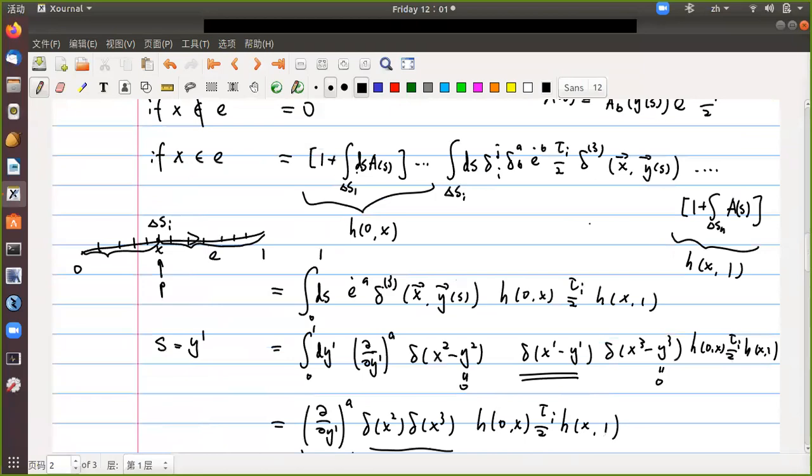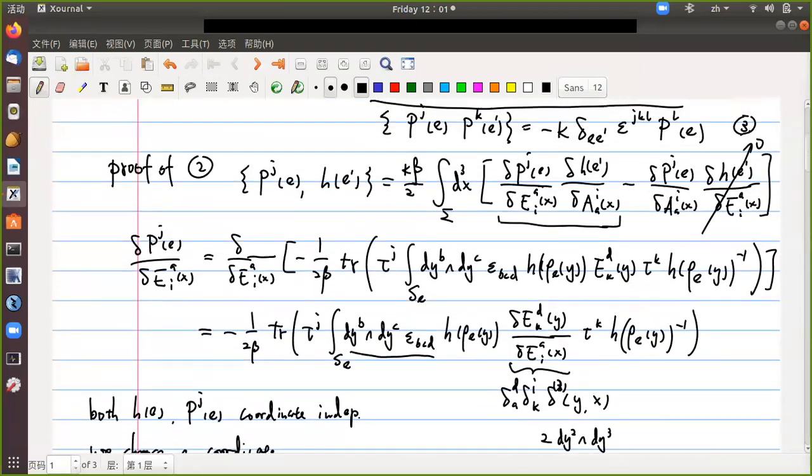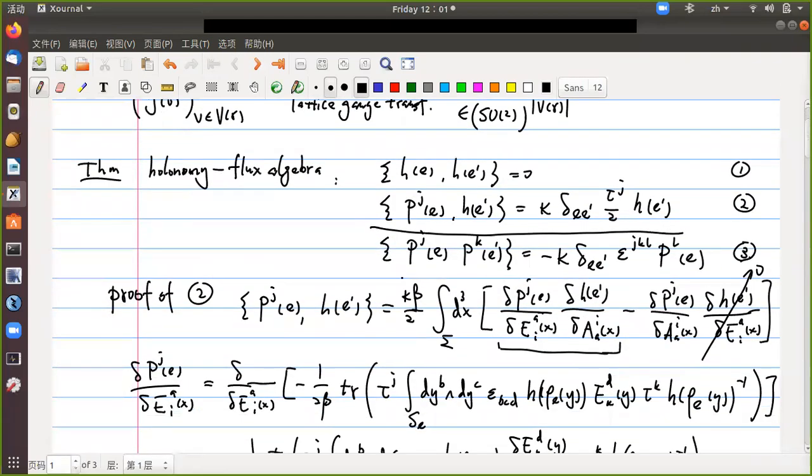Why is it sometimes not convenient? The reason is that fluxes are not commutative. If you quantize the Poisson bracket of the variables into commutators, they are not commutative. But holonomy is commutative.